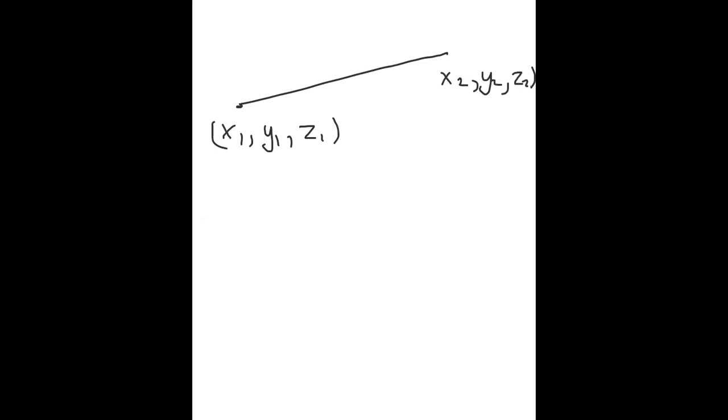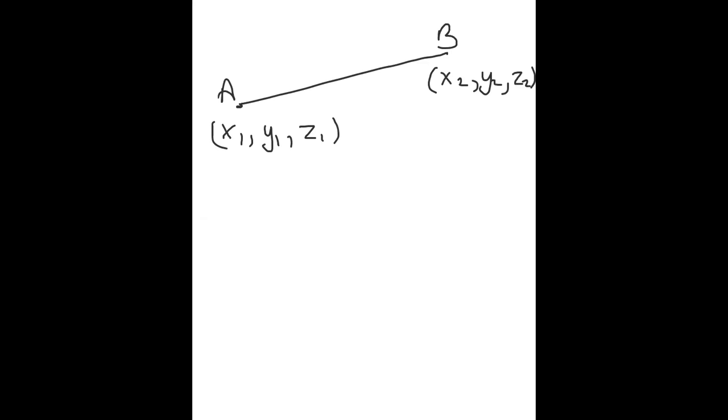In three dimensions, when we are thinking about the different planes and different lines, now we need to think how to calculate the distance between two points. First I'm taking a point, it is (x1, y1, z1). Another point I'm taking is (x2, y2, z2).